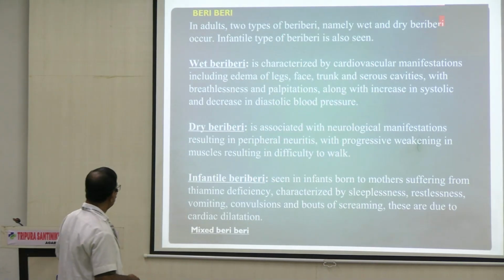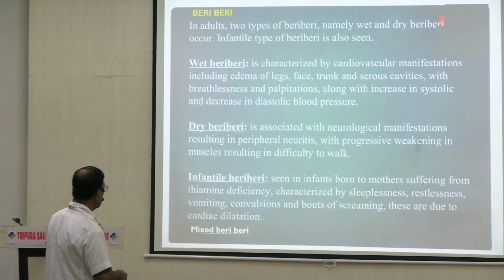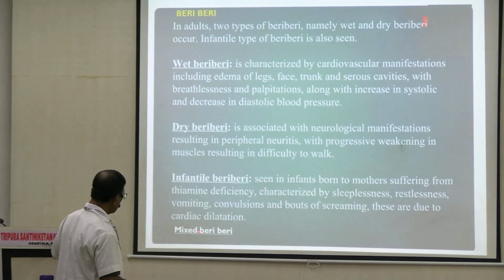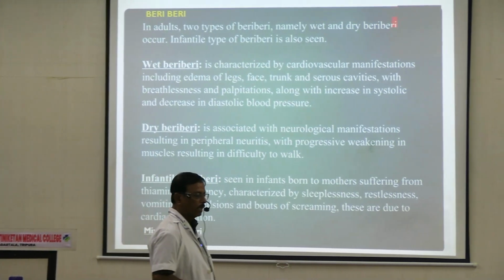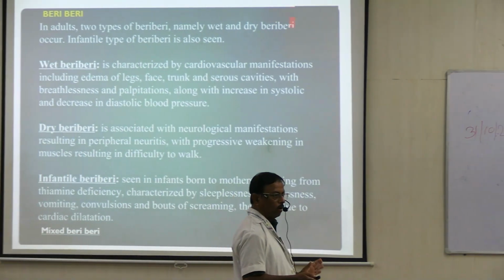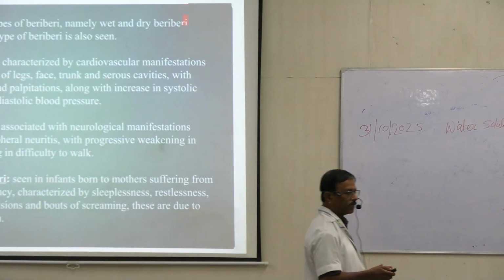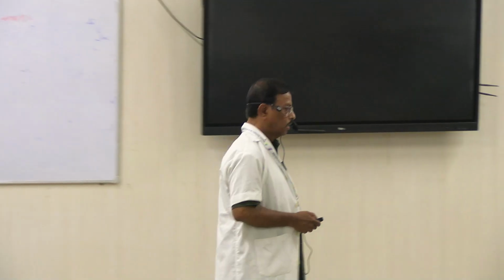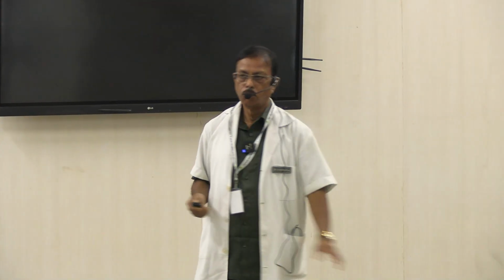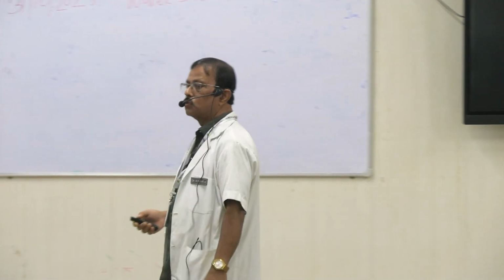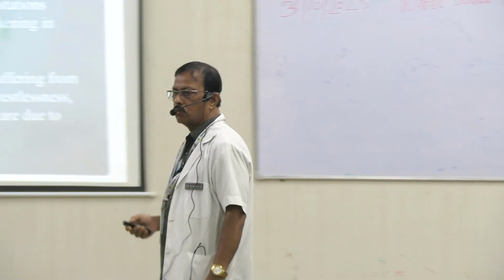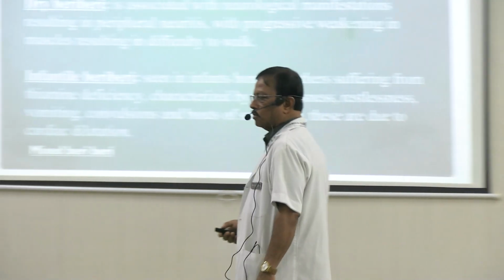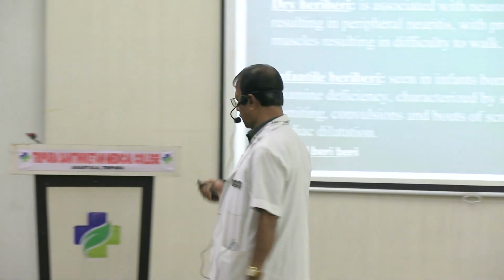There are three types of beriberi: wet beriberi, dry beriberi, and infantile beriberi. Another is mixed beriberi. In wet beriberi, the mainly affected organ is the heart. There will be more accumulation of fluid, means water, in the body, so the person will have edema. Because of this, it is called wet beriberi.